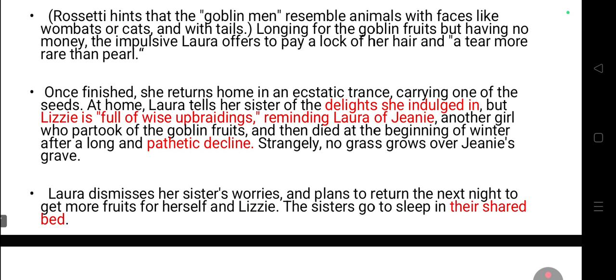But when this instinct comes upward, it dominates in the absence of intellect. Instinct always dominates in the absence of intellect. That is why Eve could eat that fruit in the absence of Adam. That is why Laura could fetch those fruit in the absence of Lizzie. I hope now you may correlate.